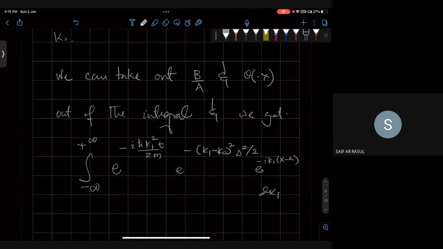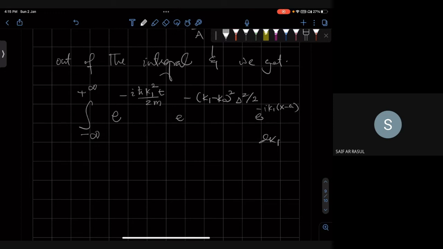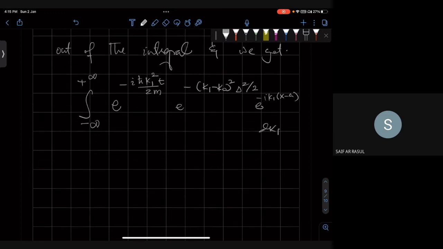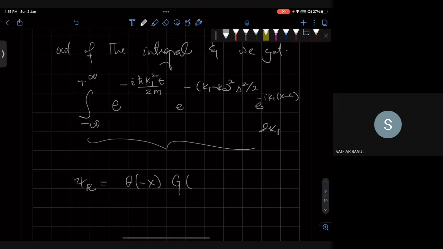Now we can do this integral easily. Essentially, this part is going to give you psi of r, and then you basically get theta of minus x, a Gaussian of this form, times B over A at K0. What is this Gaussian?